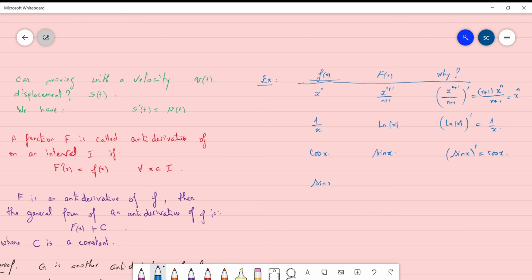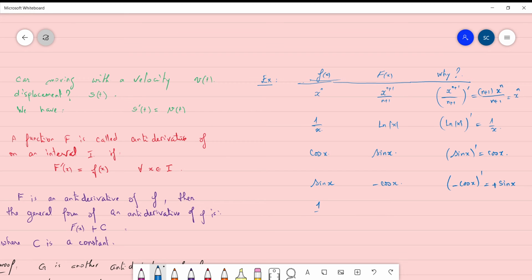I know if I derive cosine x, I get minus sine x. So if I want to get plus sine x, I can put a minus and multiply by minus, so it will be minus cosine x. The antiderivative of sine is minus cosine.